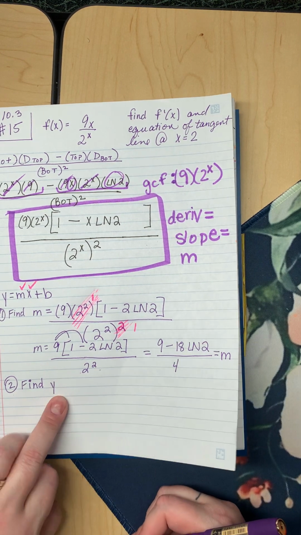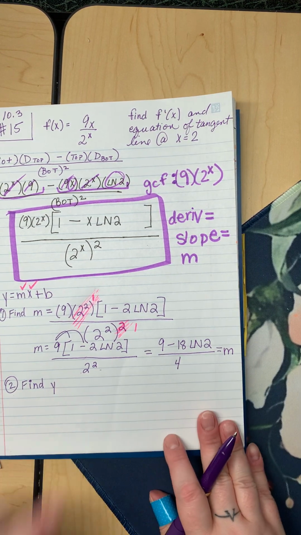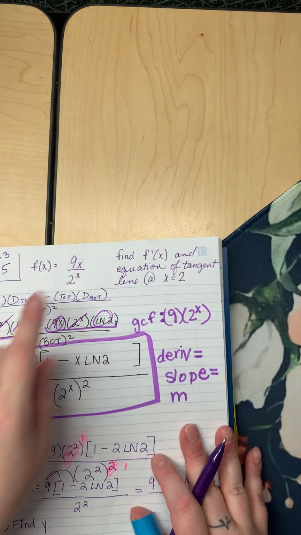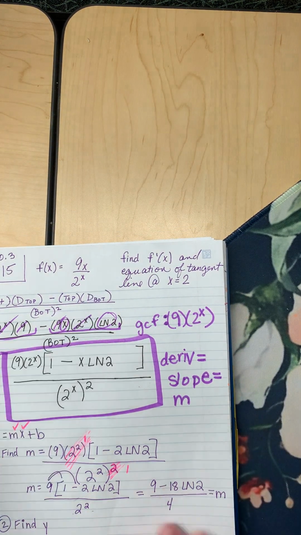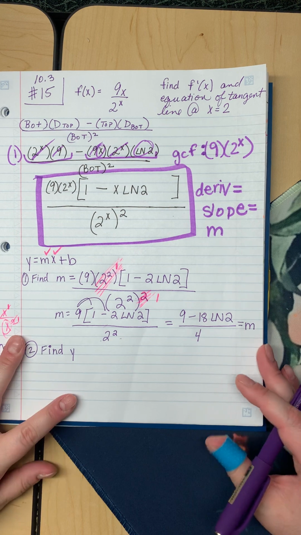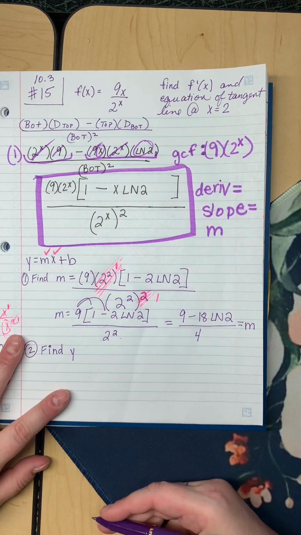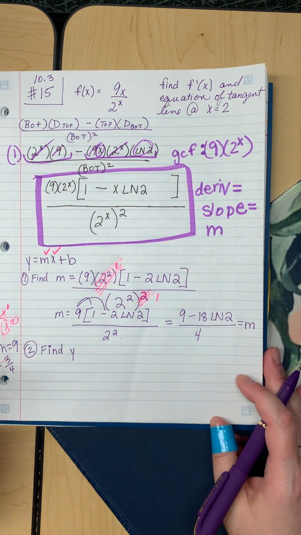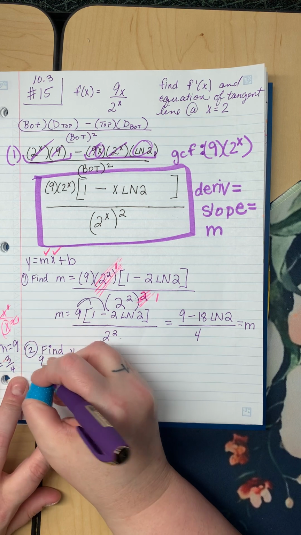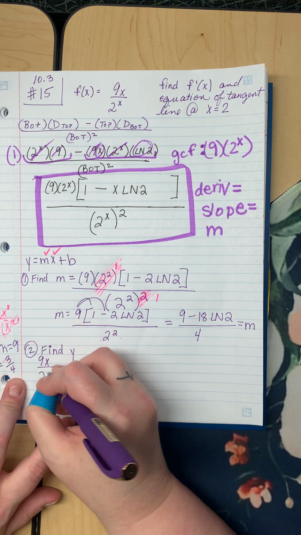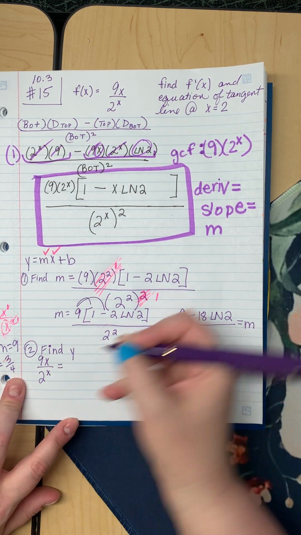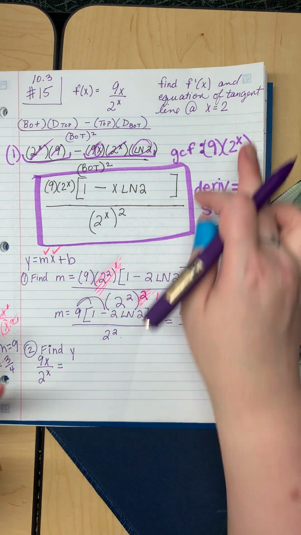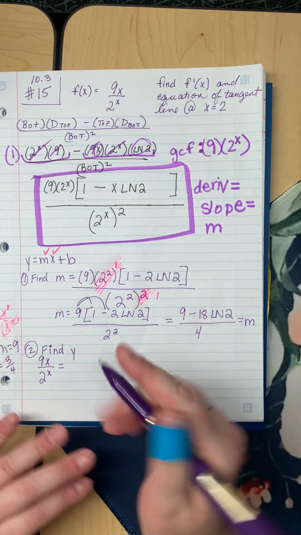Well, to find the y value, you're going to use the original equation, 9x over 2 to the x. And we're going to plug in whatever my x value is that they gave us. And they gave us 2.